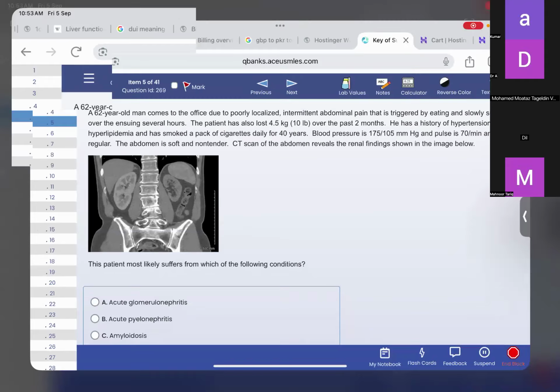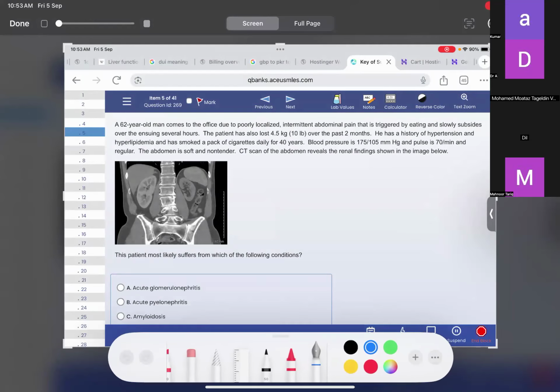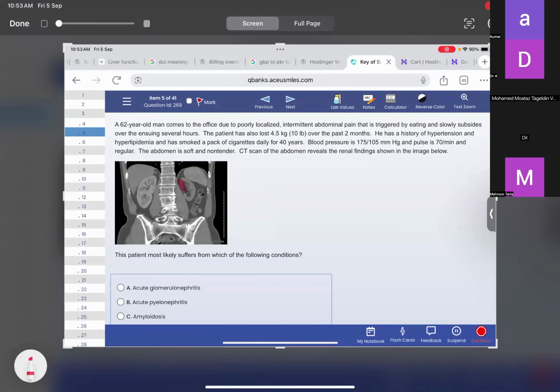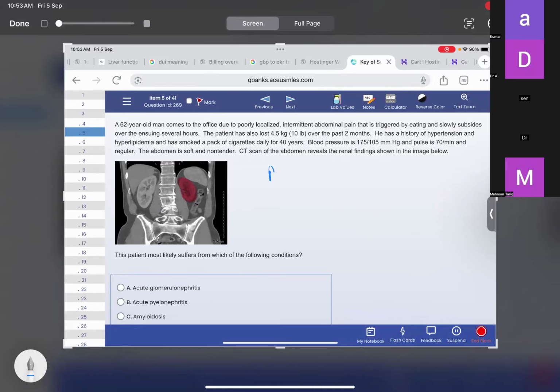So, triggered by eating, so peptic ulcer that is triggered by eating, something like that. Sorry, this is renal artery stenosis and the cause is atherosclerotic plaque. So we have to look at the risk factors of plaque. What are the risk factors? Age, right? He has been a smoker for 40 years. He has a history of hypertension and hyperlipidemia, right?